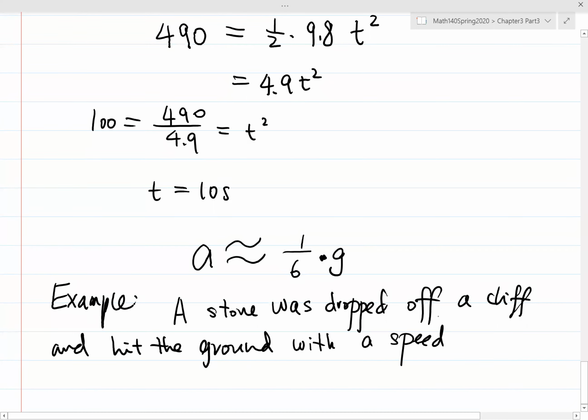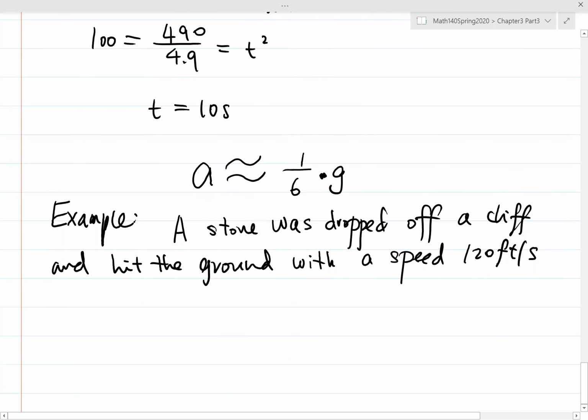Speed is the magnitude of velocity. For velocity, usually we have direction, positive, negative. For speed, it's the magnitude. It's always non-negative. So what's the height of this cliff?